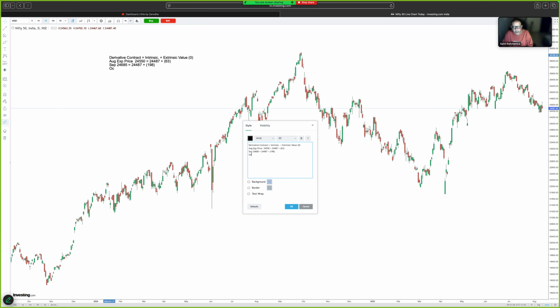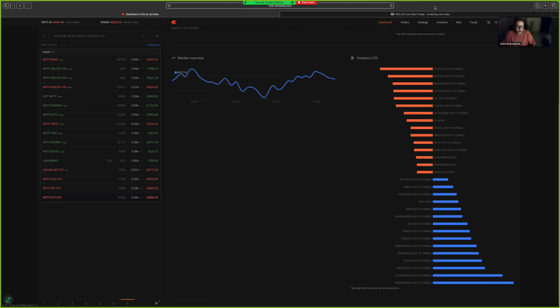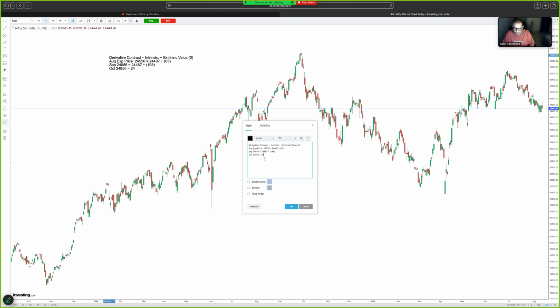October is priced at 24,800, the spot is priced at 24,487, and the difference, roughly 313 points, will be the extrinsic value in this case.